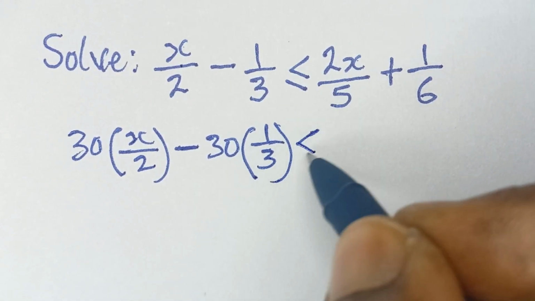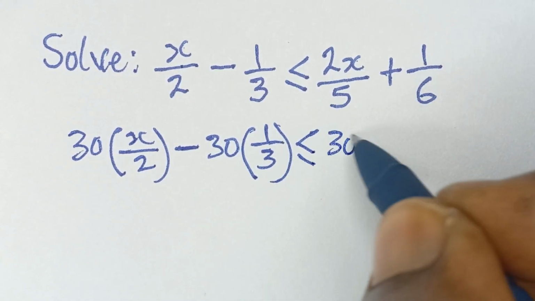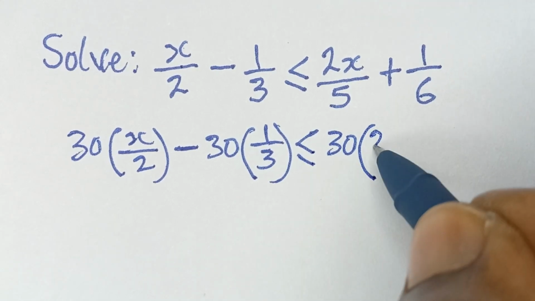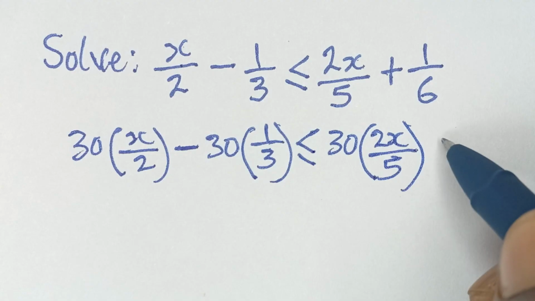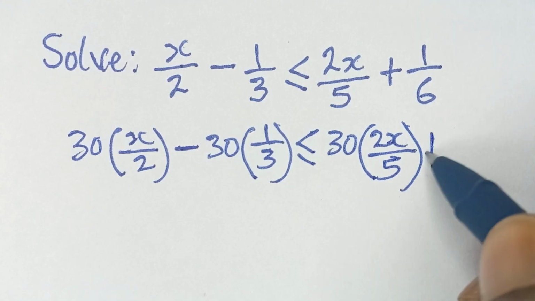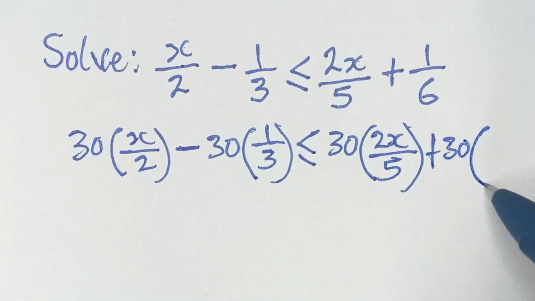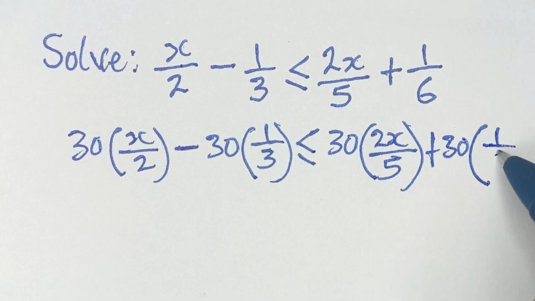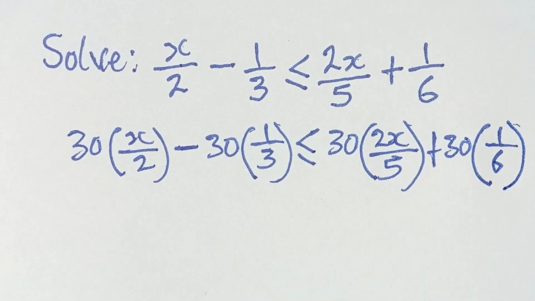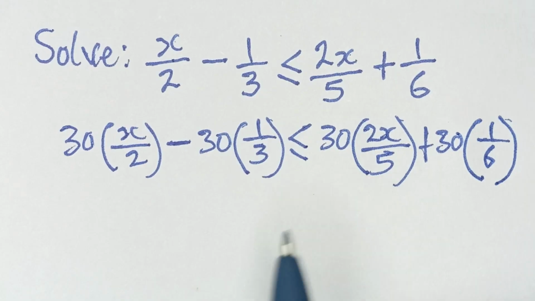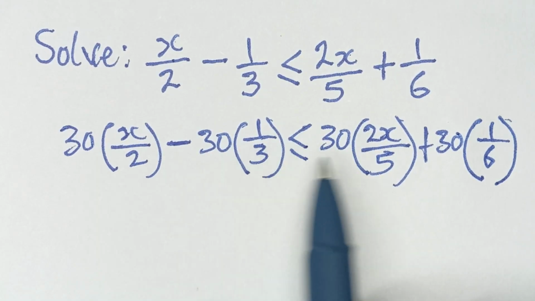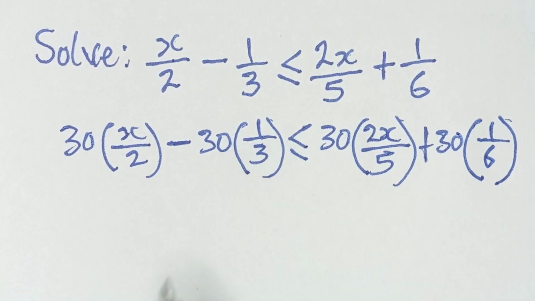And that will be less than or equal to 30 multiplied by 2x over 5, and then plus 30 multiplied by 1 over 6. This is done in order to clear out the fractions from the inequality. That is why we are multiplying throughout by the LCM.